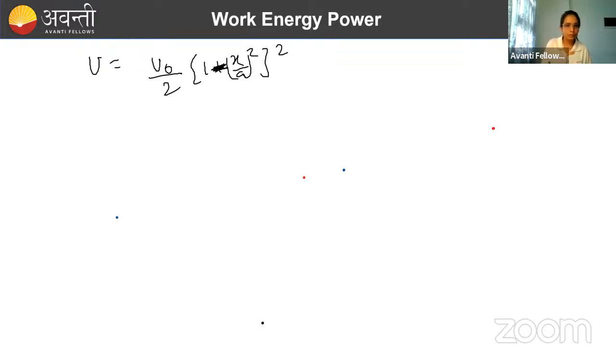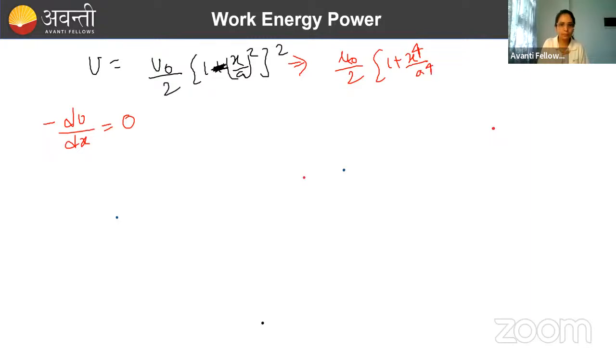Please. So again, I'm going to first calculate the point at which forces will be 0 because that is asked in the option. So I'm going to do minus du by dx equal to 0 because that will be equal to force. Again, if I'm going to differentiate it, what value I'm going to get? तो चलो सबसे पहले ना मैं इसको ब्रेक ही कर देती हूँ. So it will be u naught by 2, 1 plus x⁴ by a⁴ minus 2x² by a².